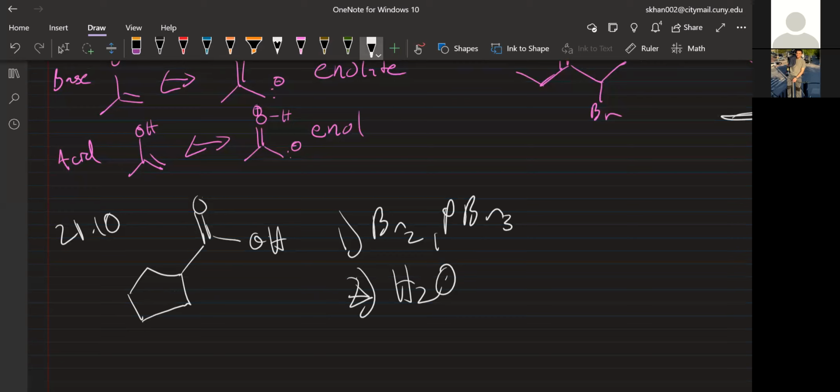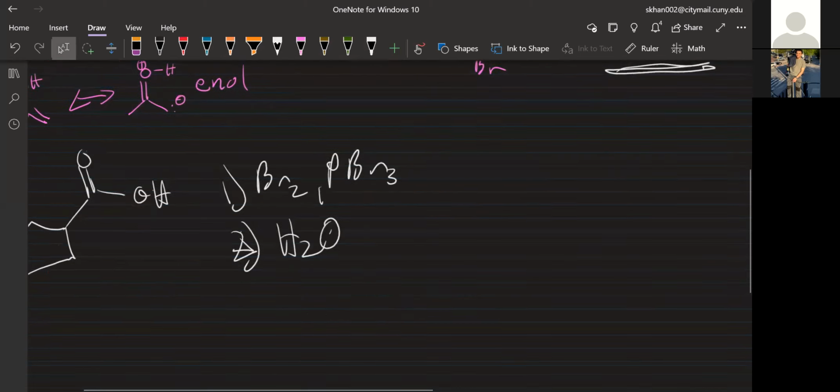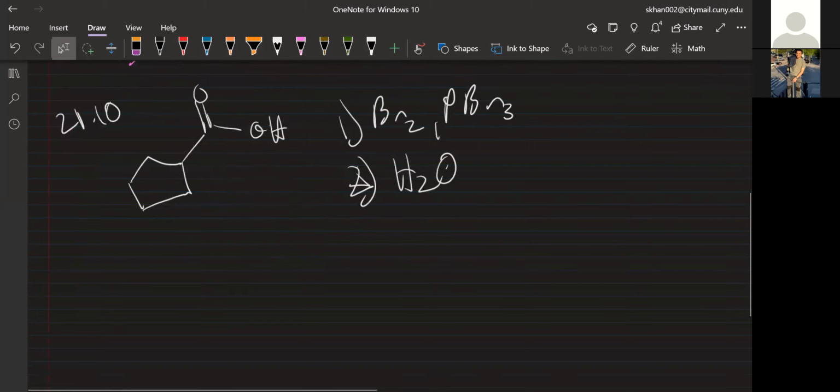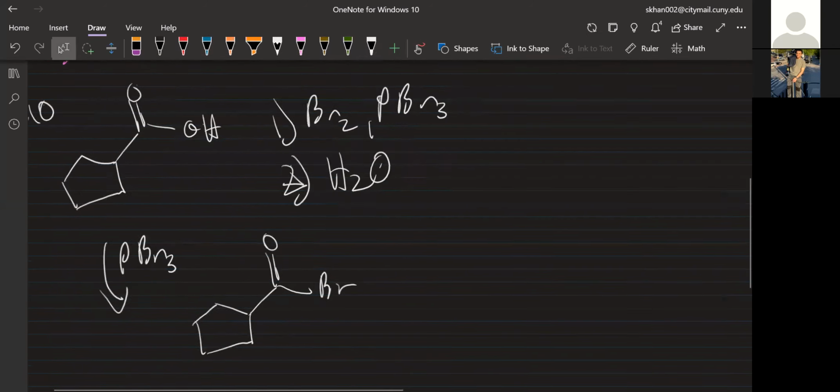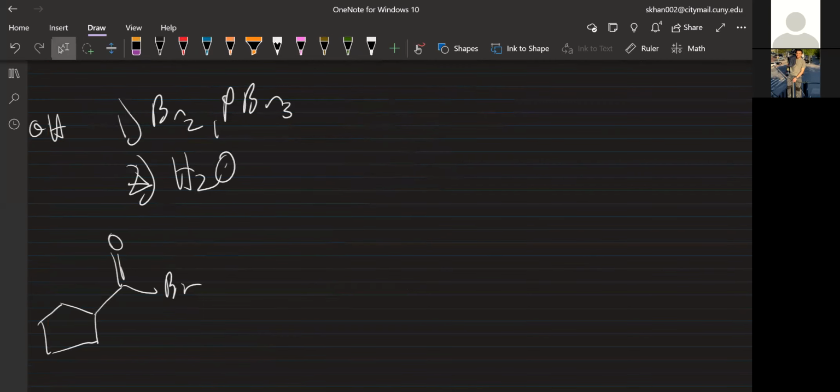So after step one, the first thing that's going to happen is the PBr3 reacts with your carboxylic acid, and you're going to get an acyl bromide, one of many ways to create acyl bromides. Next step is going to be a tautomerization.